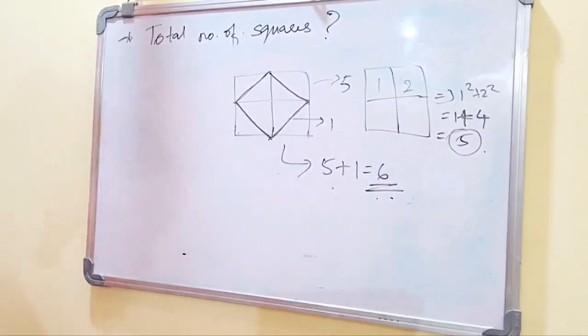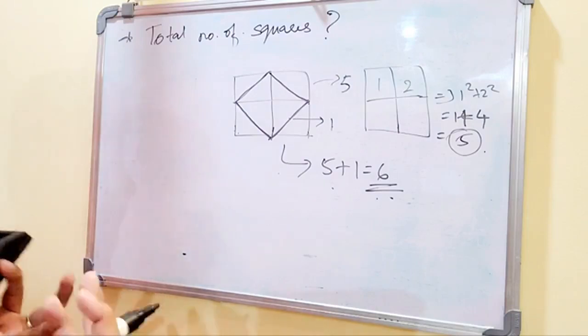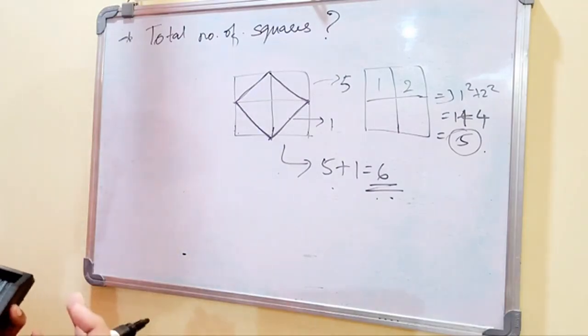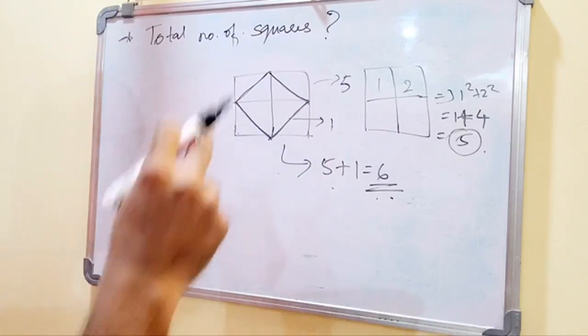Now let us see an example with a complicated figure. The figures will be complicated. You have to just decode it, and then you have to just apply the basics. The basic thing is this.